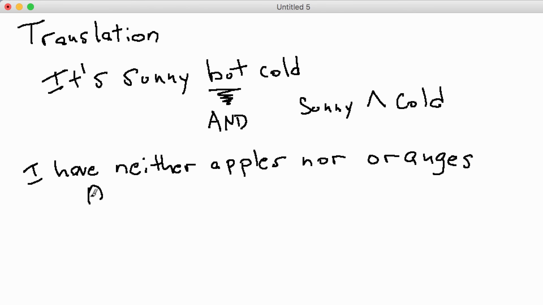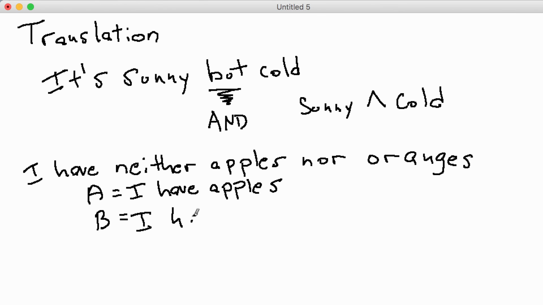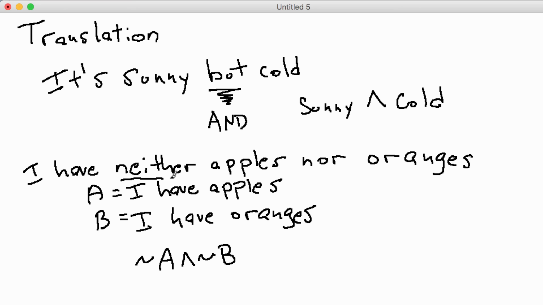If I were to let A equal the statement, I have apples, and I were to let B be the statement that I have oranges, what I am basically saying over here is not A and not B. So the construct that we're looking at here is this neither-nor.